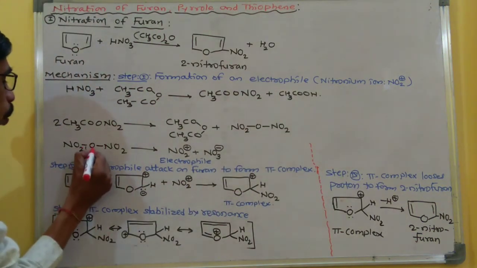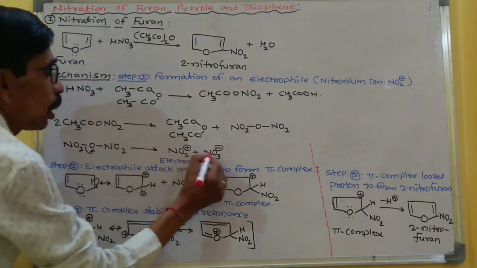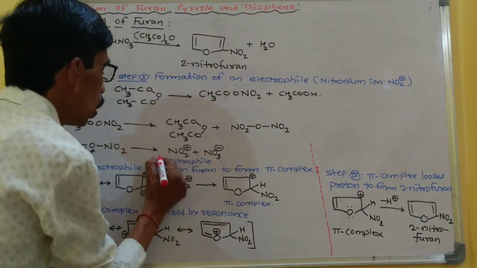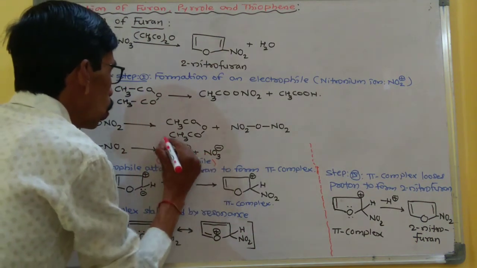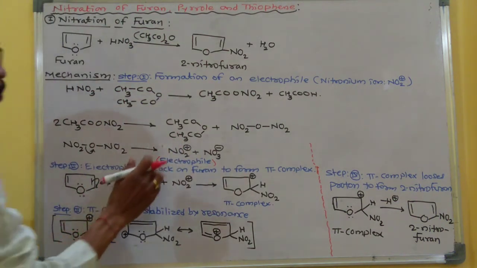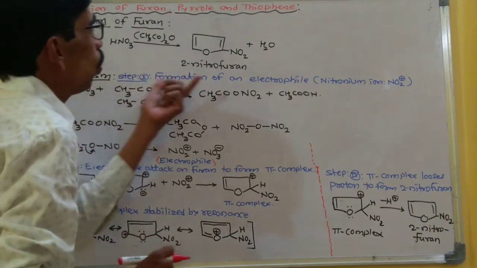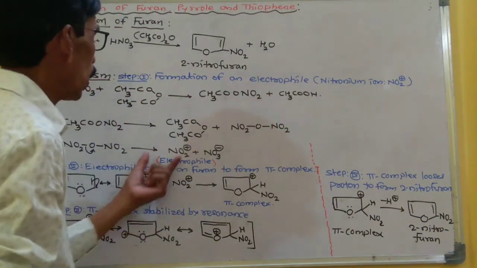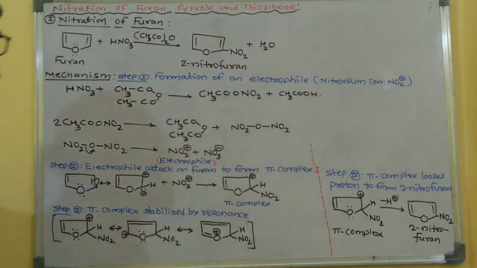Now this bond is transferred onto the oxygen atom to form NO2 plus and NO3 minus. This NO2 plus is the electrophile. This is the first step, the formation of an electrophile, that is the nitronium ion.